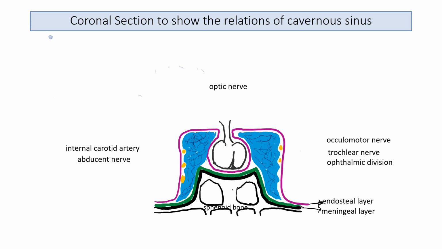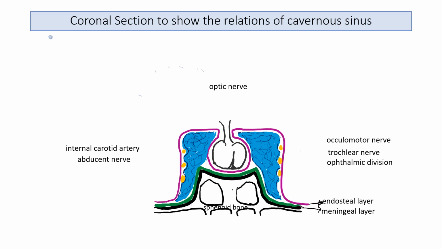Remember all these cranial nerves are separated from the venous blood by an endothelial layer. The venous sinuses, as I've told you before also, are lined by endothelium, so they separate the structures in the lateral wall of the cavernous sinus from the blood. Similarly here also, the endothelium separates the cranial nerves from the venous blood.